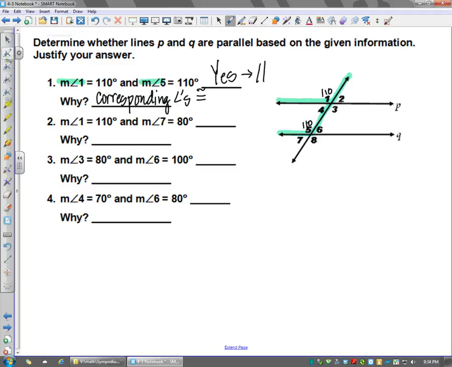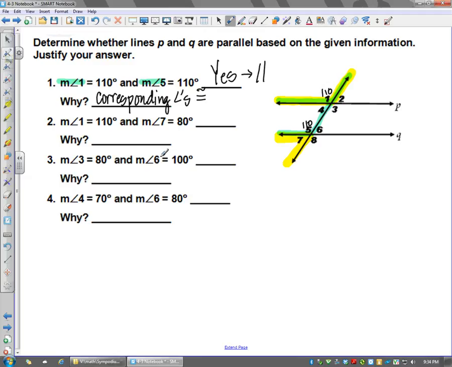Number two, angle 1 and angle 7. Angle 1 is 110 and angle 7 is 70. So here's angle 1 again, and here's angle 7. Now, these angles do not make a letter, so they are same side interior angles.